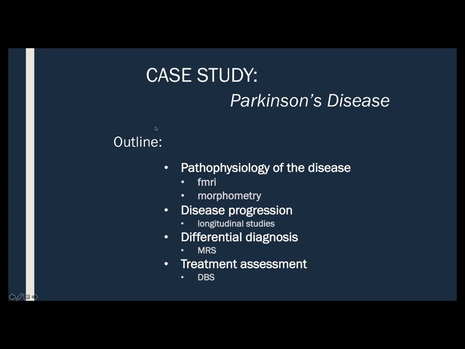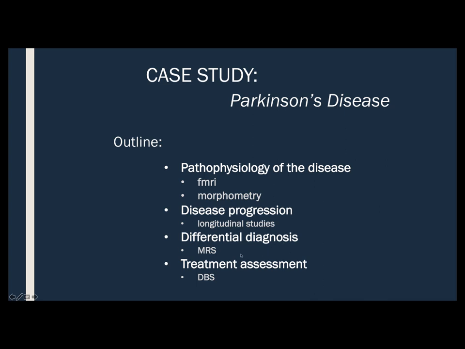So just getting into more practical terms, the studies that I'm going to be mentioning today. To talk about the pathophysiology of the disease, I would tell you about one of our fMRI studies. I will mention some of the morphometry studies. We look at disease progression through longitudinal studies, and some differential diagnosis.